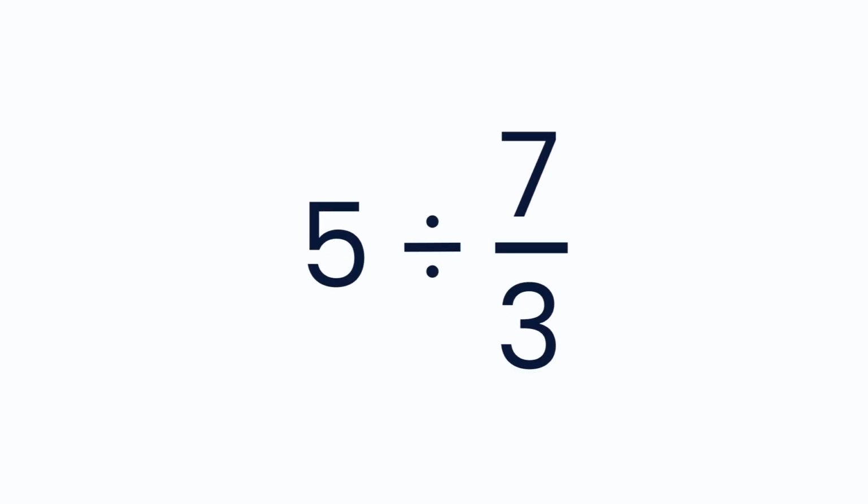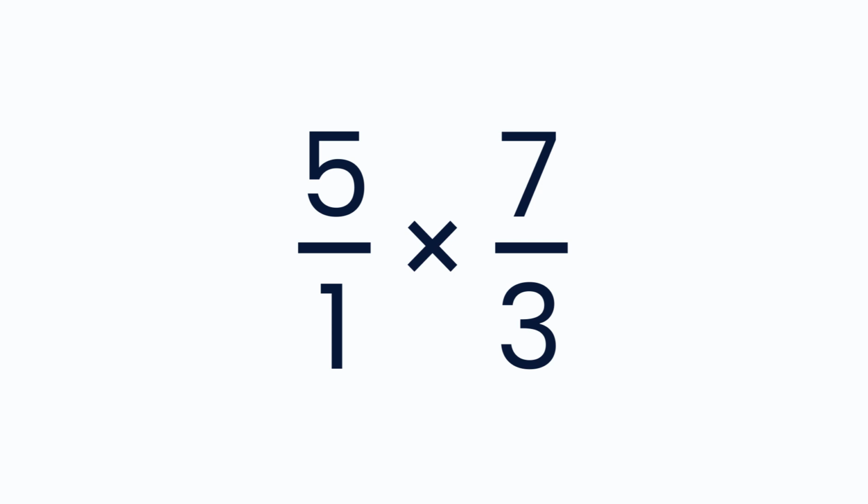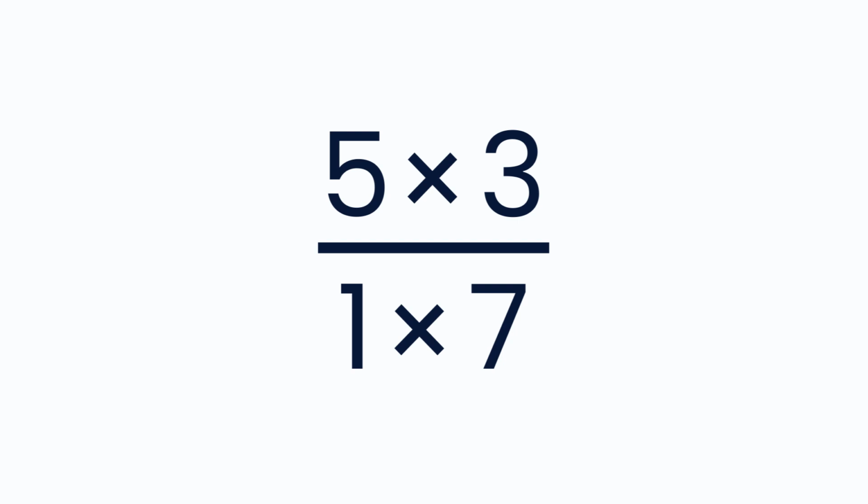5 divided by 7/3. You write 5 as the fraction 5 over 1 and use the keep, change, flip method. Keep the first fraction, change from division to multiplication, and flip 7/3 into 3/7. This gives you 5 times 3 in the numerator and 1 times 7 in the denominator.